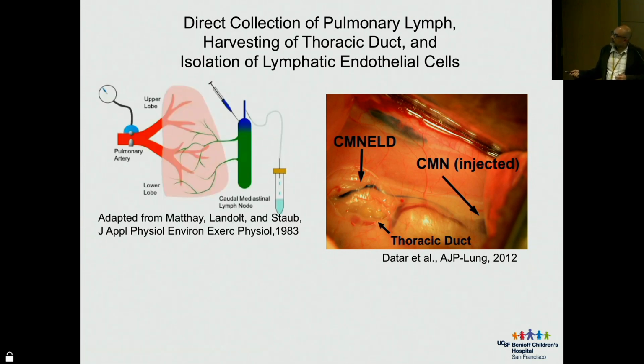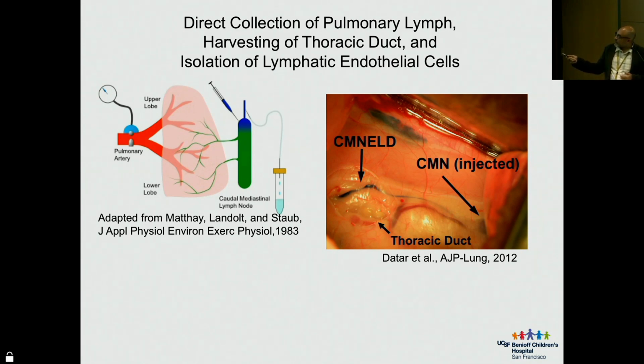The first approach really goes back to some pioneering work done by Norman Staub's group here at the CVRI and UCSF in the 1960s and 70s, and then extended in Michael Mathey's lab through the 80s. This involves direct cannulation of the efferent vessel of the caudal mediastinal node, schematized here in green, the head of which you can see here dyed blue. This caudal mediastinal node is a long sausage-shaped lymph node that drains the vast majority of pulmonary lymph in normal lambs.